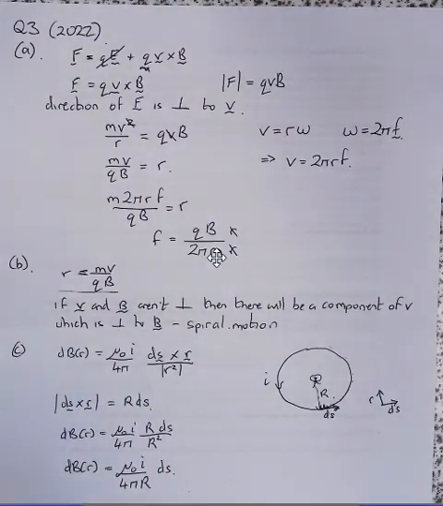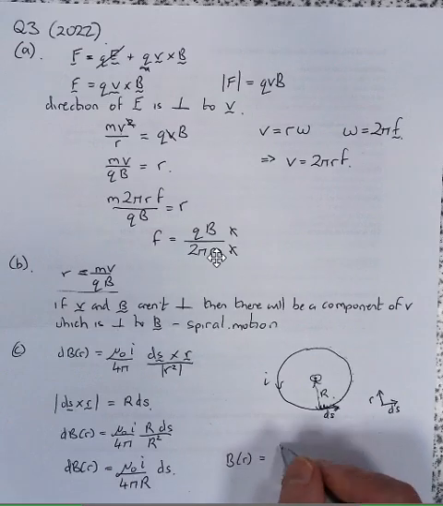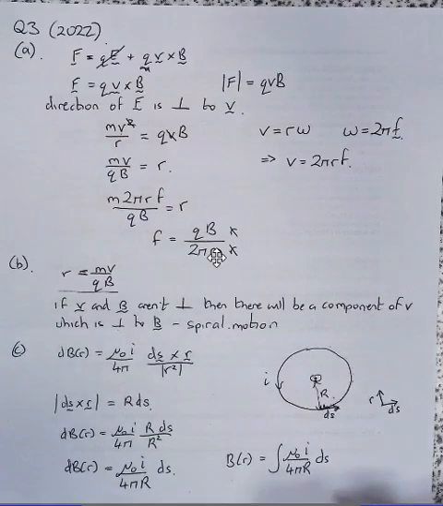To get B, we now have to add up all our ds's. And of course, that means that B at distance r is the integral of mu naught I over 4 pi r squared ds, and it's around a closed loop.